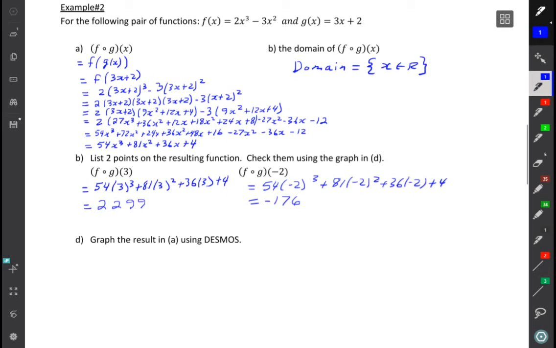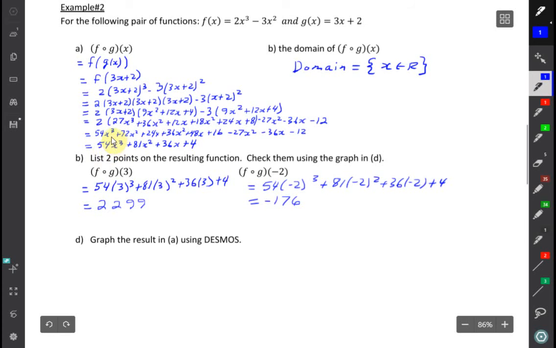The last step in this question is we'll go ahead and graph the function so that we get an idea of what it looks like. Already it's a cubic, so we have a sense of what it should look like. It has a positive leading coefficient. We know that with a cubic, its ends go in opposite directions.